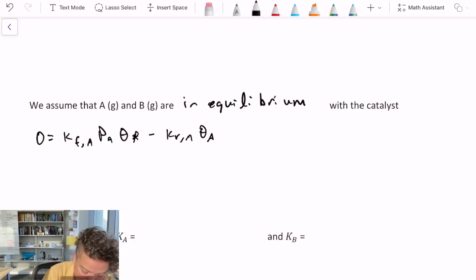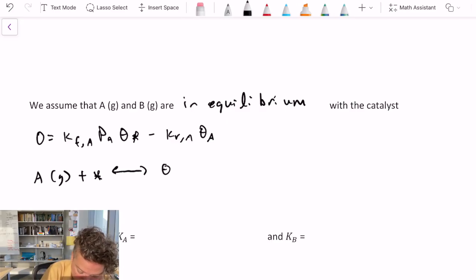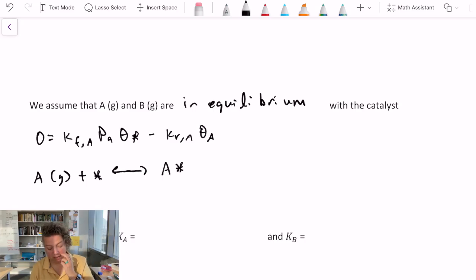That's a restatement of this reaction, A gas plus star goes back and forth to A star. So basically what I've done here is I've set up an elementary rate law for this reaction.